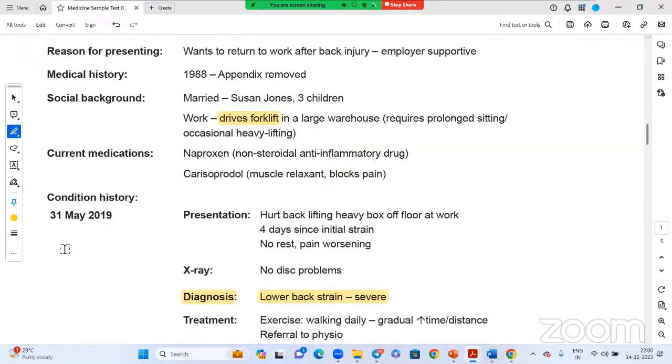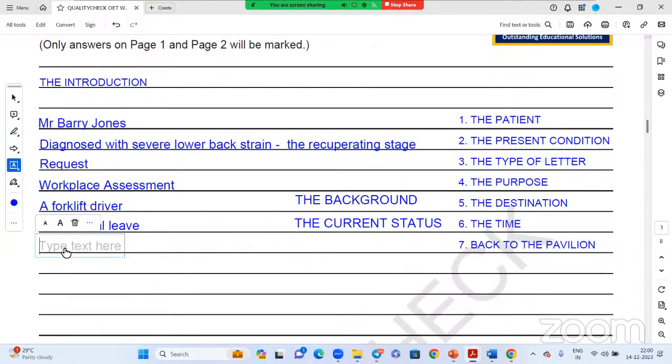Then, what was the reason why he faced this problem? What was the main cause for this severe low back strain? He's a forklift driver. This is the personal background, and he's on leave.